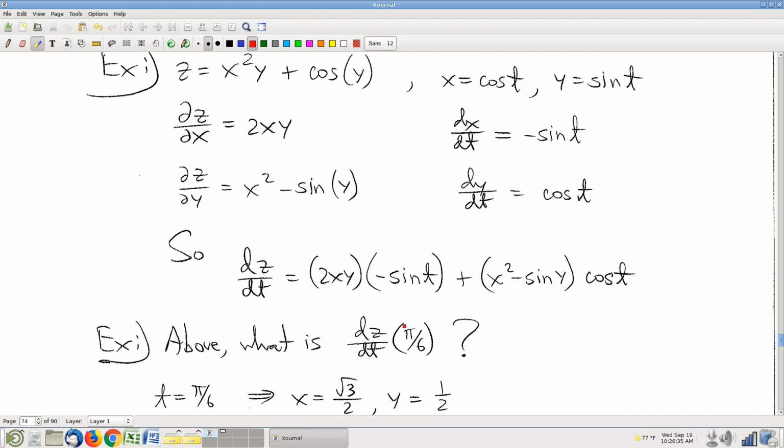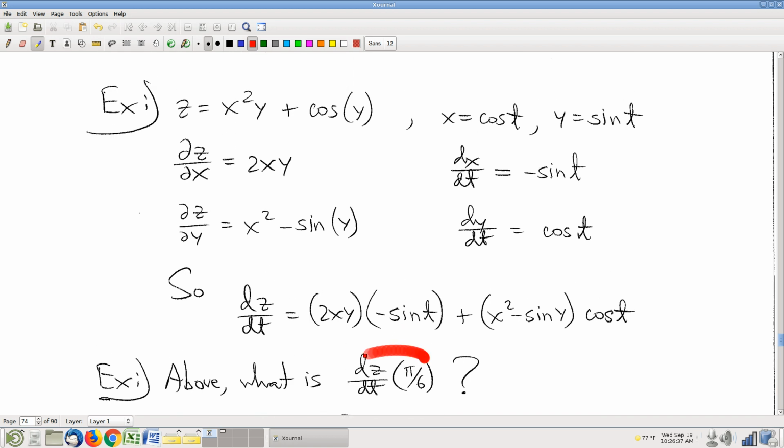Now, here's a variation of the question. We just got through computing dz/dt. What happens at pi over 6? Here we have to interpret. So what could this possibly mean here, this pi over 6?